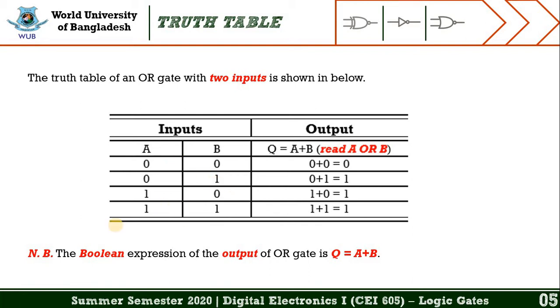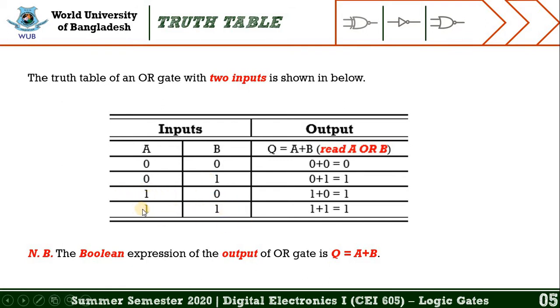Since this gate has 2 inputs, we may assign 2 binary values, 0 and 1, and the combination of these values gives 4 combinations: 0 0, 0 1, 1 0 and 1 1.